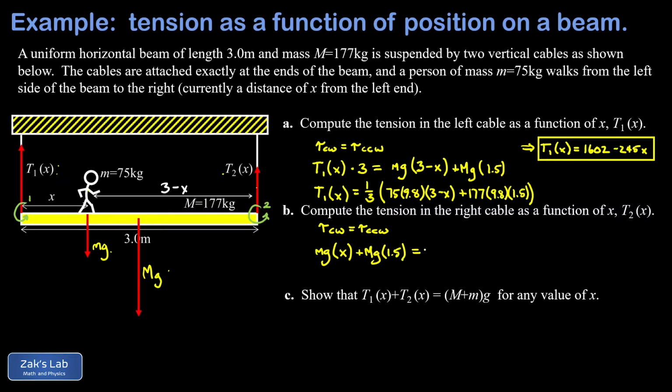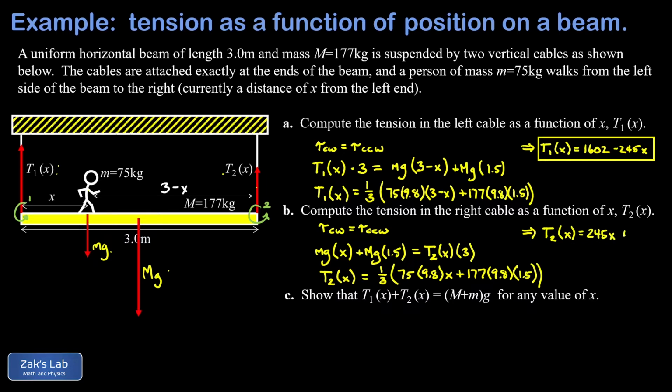And that better be equal to the counterclockwise torque exerted by T2. So I have T2 of x times its lever arm, which is the full 3 meters. So again, we quickly solve for T2 of x, and we put the numbers in. And when we combine all of our like terms this time, we get 245x plus 867 newtons.